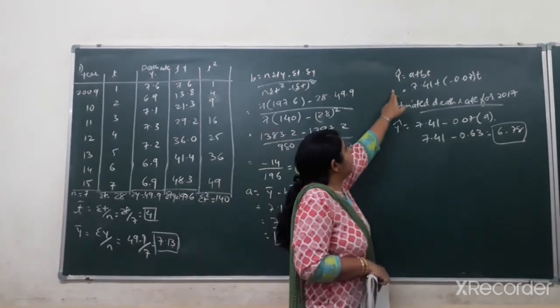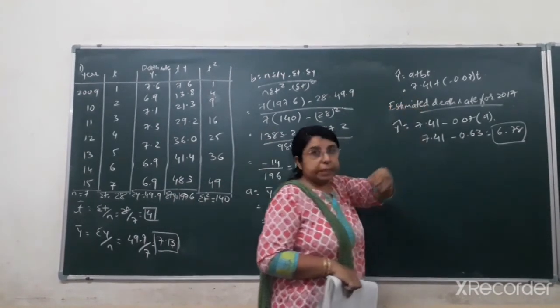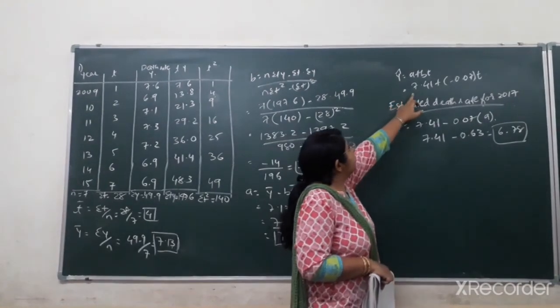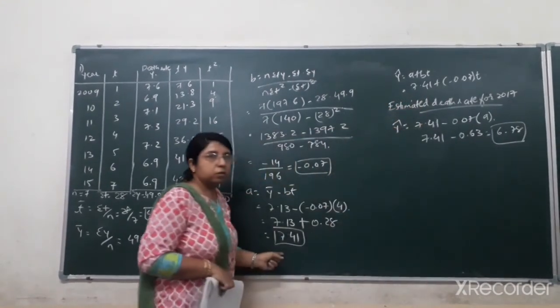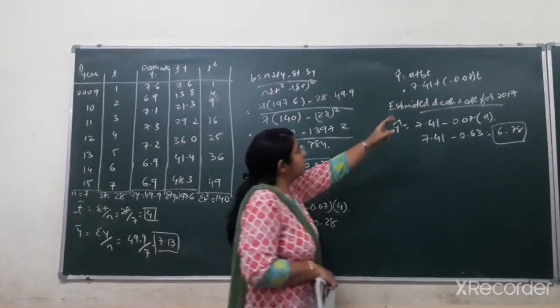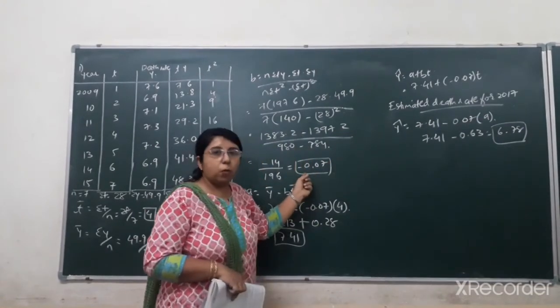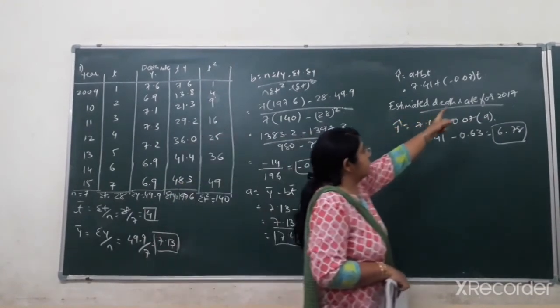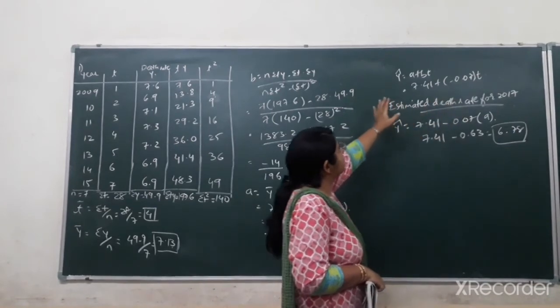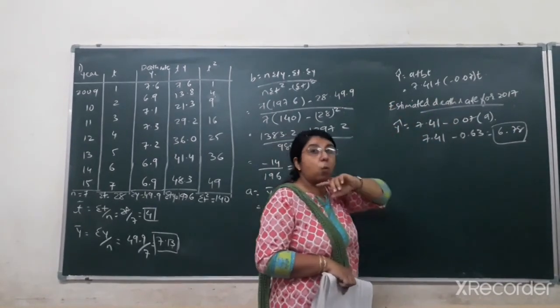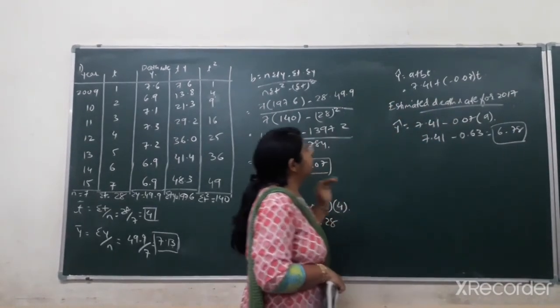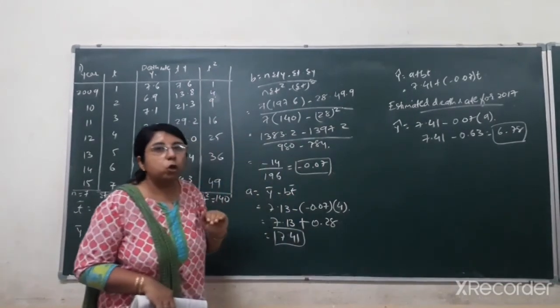Okay. Now the y cap equation is a plus bt. A, that is 7.41, we found just now, plus the b value that came to minus 0.07, and t as it is, because still we have not found the estimated value of y. This is just the equation for y cap. Now we are finding the estimated death rate for 2017.